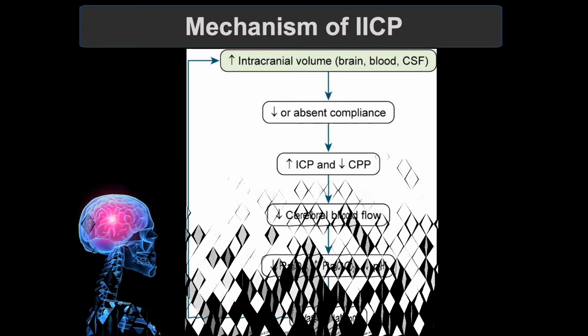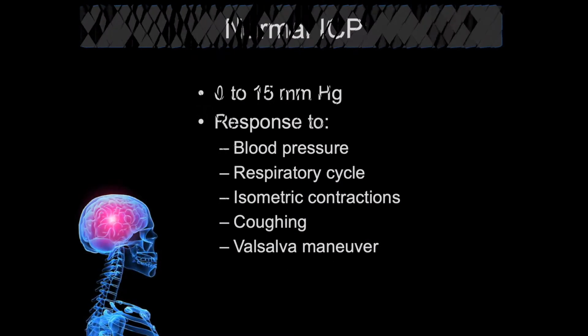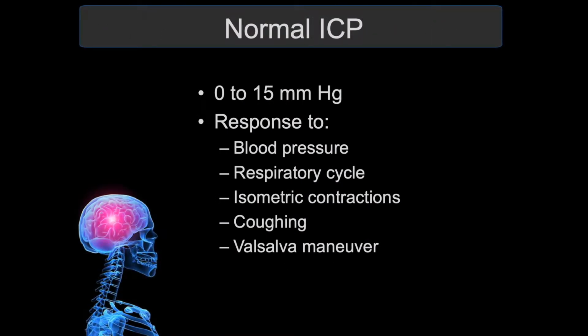In order to understand the ramifications of abnormal ICP, it's important to understand how normal ICP is regulated. Normal ICP usually runs from 0 to 15 millimeters of mercury and responds to things such as blood pressure, the respiratory cycle, isometric contractions, coughing, and things like the Valsalva maneuver.